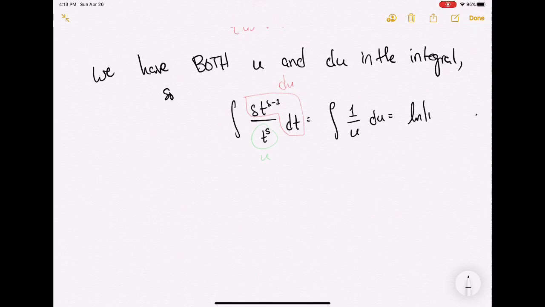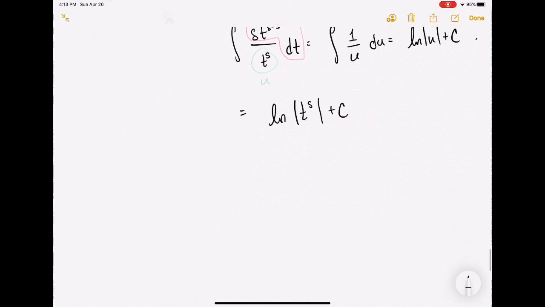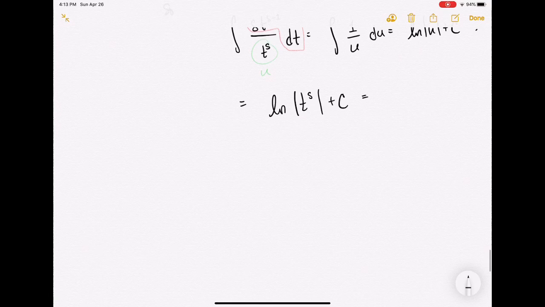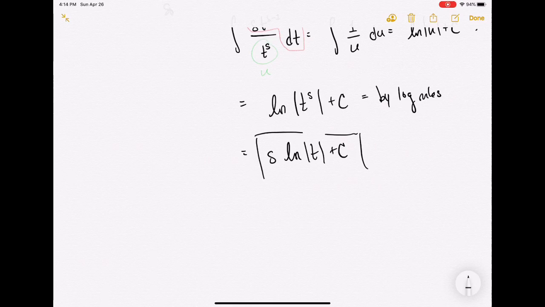That'll be a natural log of u plus c, also known as natural log t to the s plus c. And some of you are looking at this and saying that's not the answer that the problem gives. And it's not, because by log rules, I can't stress these other rules enough. This is s natural log of t plus c. This is the answer the exam gives.